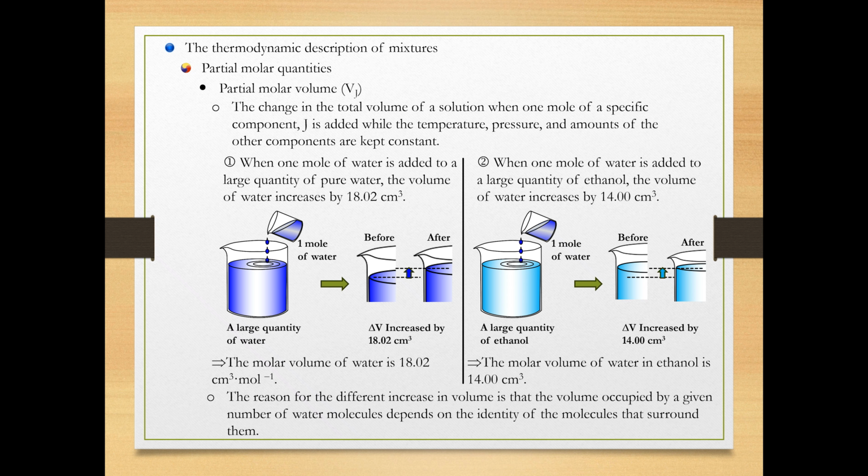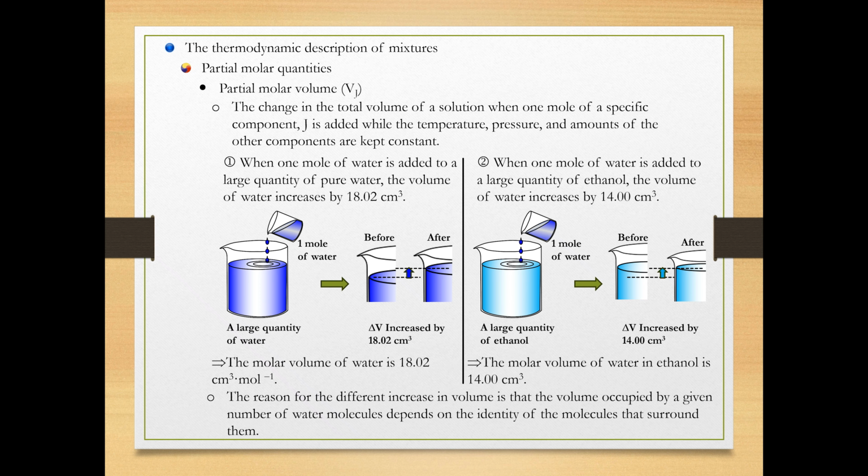Ethanol molecules can also hydrogen bond with water, but their molecular structure is different. Ethanol contains a polar hydroxyl group attached to a nonpolar ethyl group. Consequently, when water molecules are introduced into ethanol, the interactions between water and ethanol molecules can produce a molecular arrangement that is different from the arrangement in pure water.